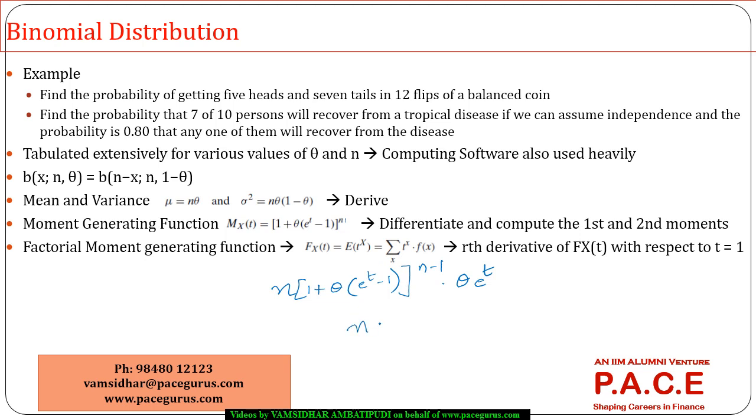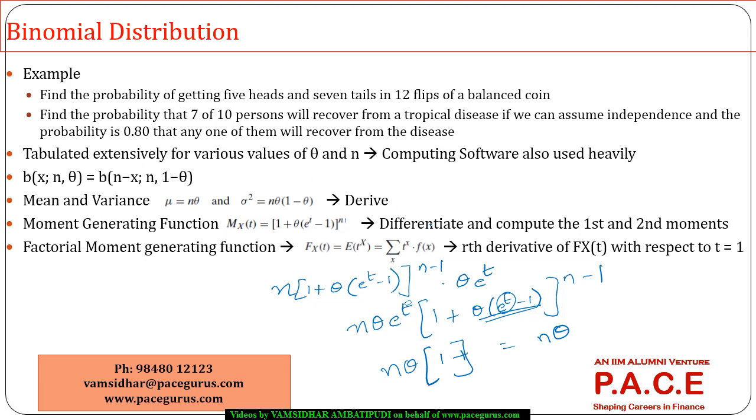So it is becoming n theta e power t into (1 plus theta (e power t minus 1)) to the power n minus 1. And if I substitute t equal to 0, e power 0 is 1, so 1 into n theta is n theta, and 1 plus theta times (1 minus 1) is 1, so this whole thing is becoming n theta.